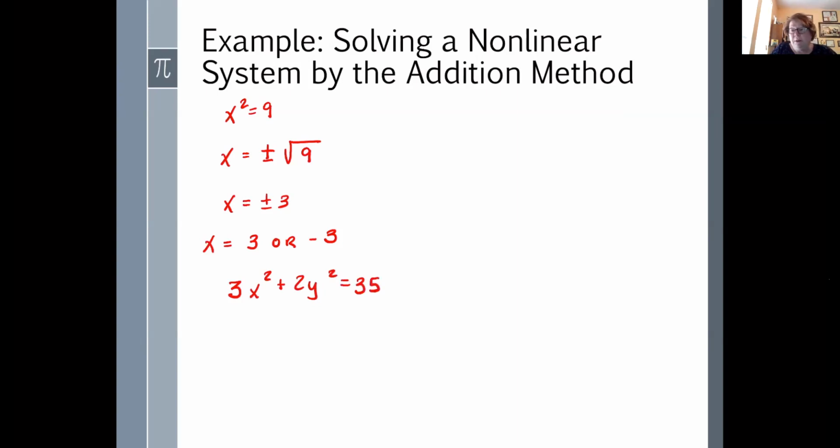I'm going to need to plug in x equals 3 and solve for y, and then plug in x equals -3 and solve for y. Now, if I plug in +3 or -3, I'm going to get the same two y values. Let me just show you how that works. So let's try x is 3. Let's put that up here. All right, so we're going to plug that in.